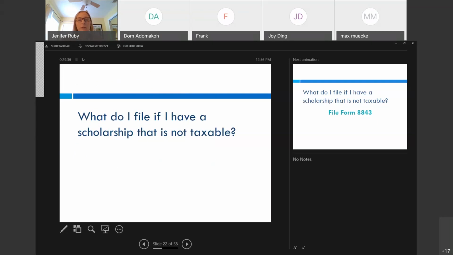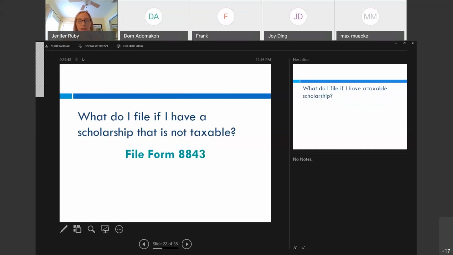All right, so what do you file if you have a scholarship that's not taxable? Again, it's just going to be the 8843, right? So you have no other taxable obligation. You're not having to pay any tax on that particular scholarship.